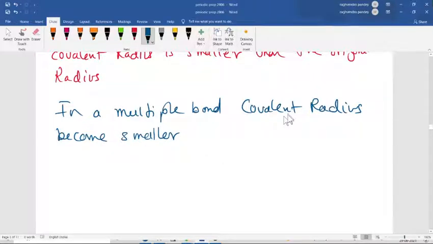So take the carbon single bond. Carbon has various bonds, multiple bonds. Do you know that? Not tetrahedral. So for the carbon single bond, suppose you take ethane. Ethane is CH3 CH3. So there is a carbon carbon single bond.